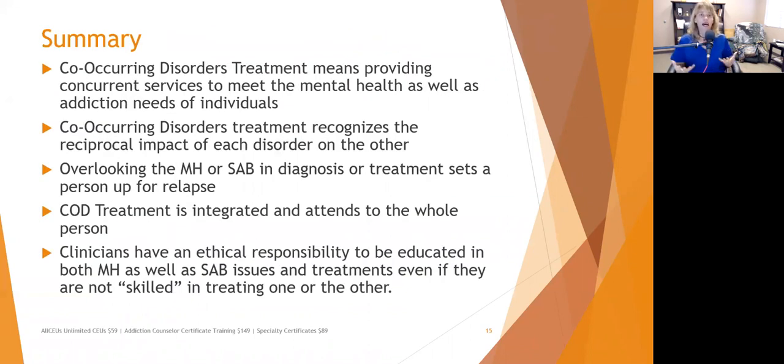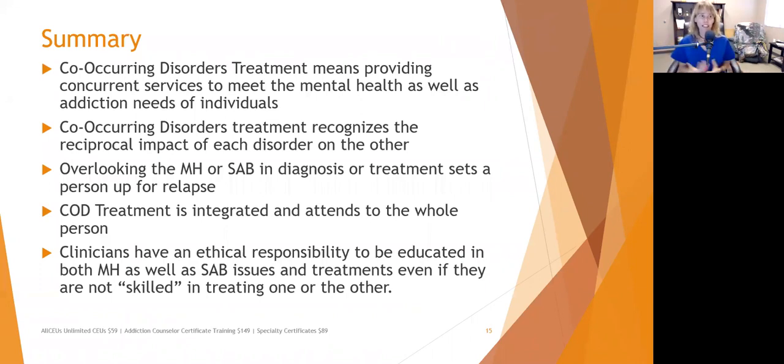So we've talked a lot about co-occurring disorders and mental health issues. Co-occurring disorders treatment means providing concurrent services to meet the mental health as well as the addiction recovery needs of the individual. We don't want them to have to go to different places to get their needs met.